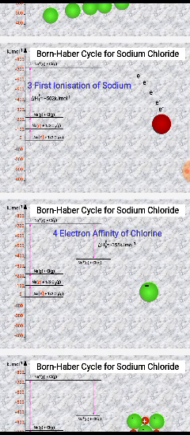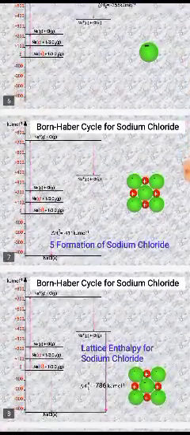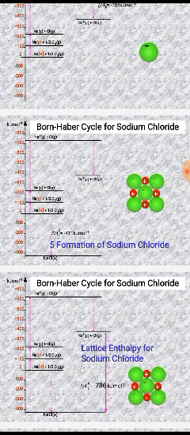The chlorine is in green color, and above it, from the previous slide, sodium is in maroon color. So the chlorine ions and the sodium ions in the gaseous state combine together.